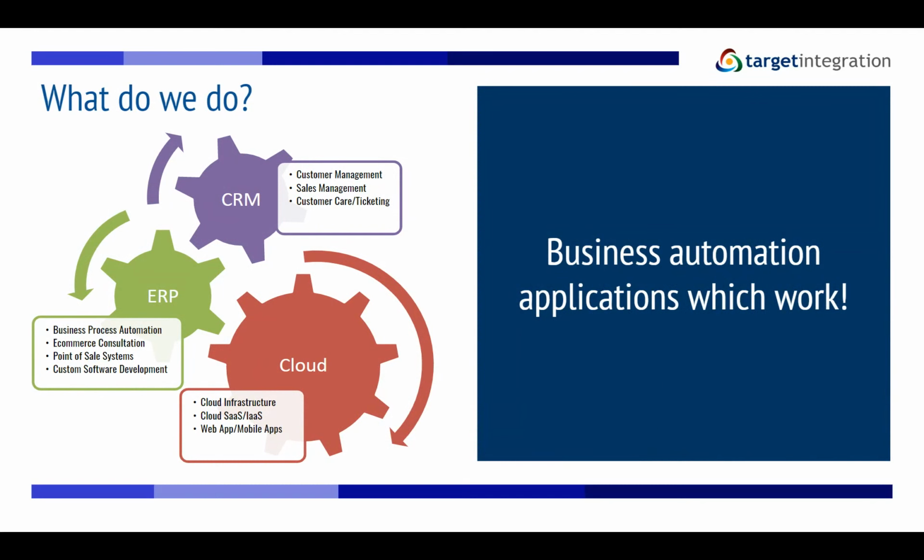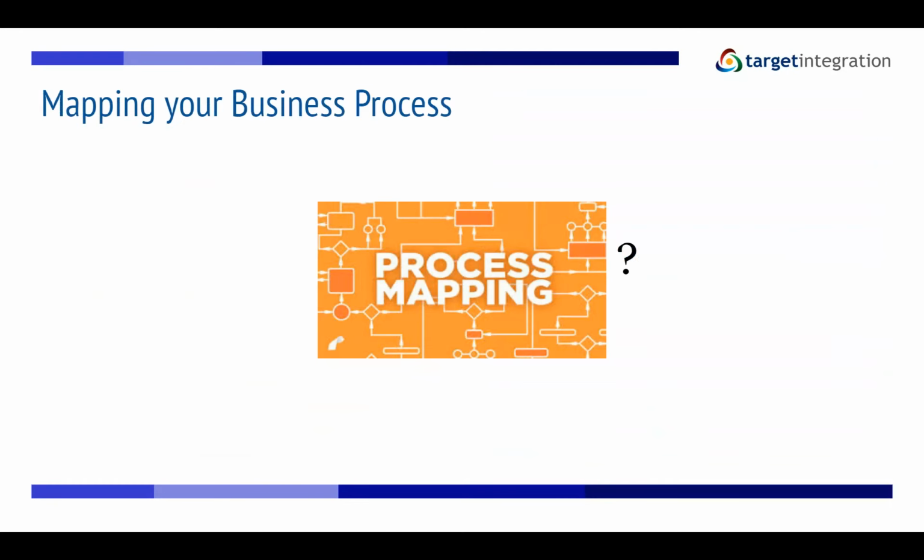ERP stands for Enterprise Resource Planning. So this would cover business process automation, e-commerce consultation, point of sale systems, and custom software development. And also cloud, which is cloud infrastructure, cloud SaaS and IaaS, and also web apps and mobile apps.